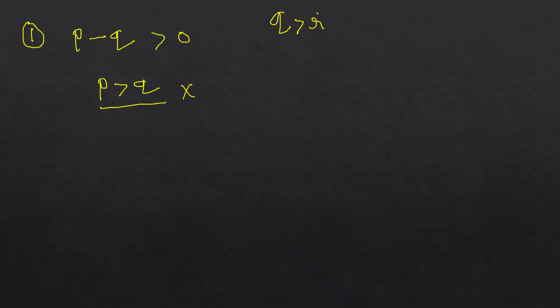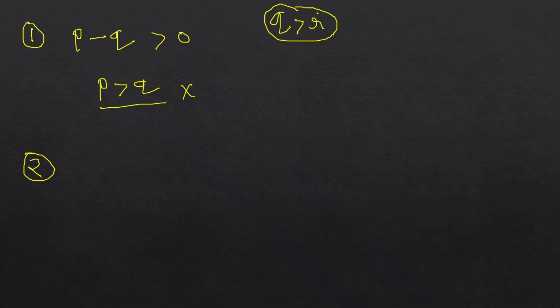So now check, is statement 1 alone sufficient to answer? Statement 1, P minus Q is positive, means P is greater than Q. So it is not sufficient to answer our question, because we have to find whether Q is greater than R, not P is greater than Q. So statement 1 is not sufficient.